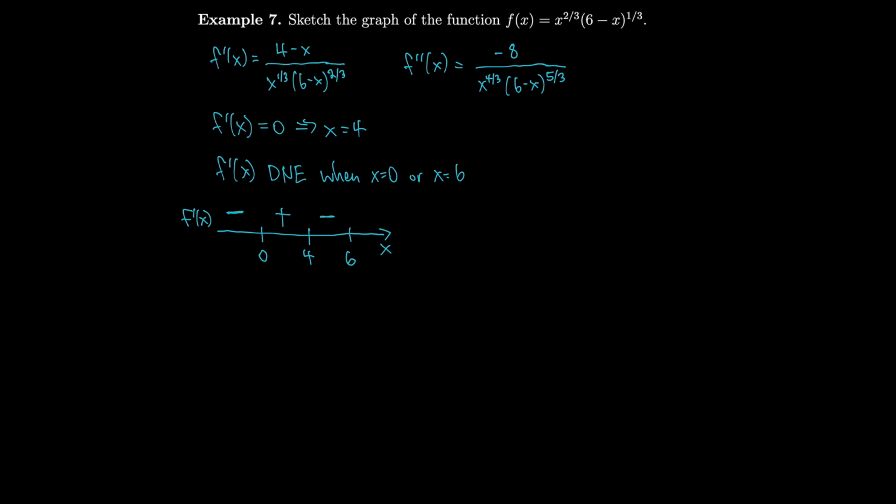And if you plug in 7, it's the same thing. The numerator will still be negative while the denominator is positive. So it looks like it's going down, then it goes up, and then it goes down, and then down. Or it goes decreasing, increasing, decreasing, decreasing. So this means that f of 0, which is equal to 0, right around over here, is a local minimum.